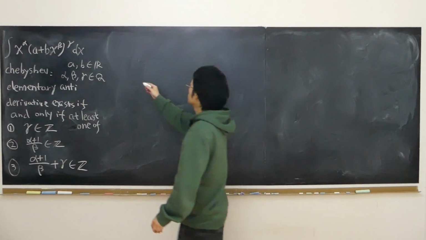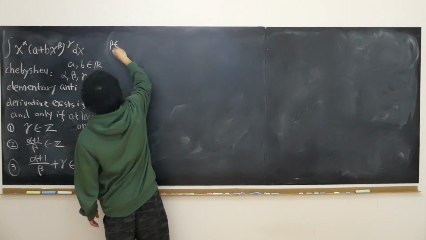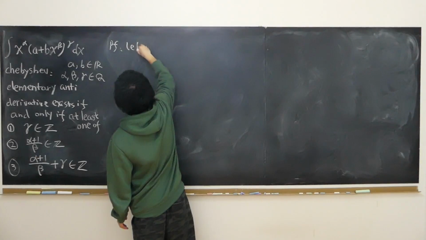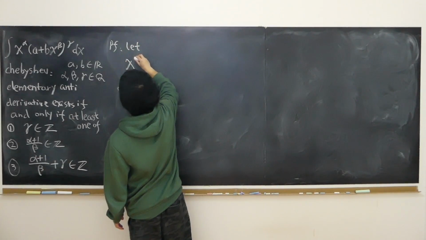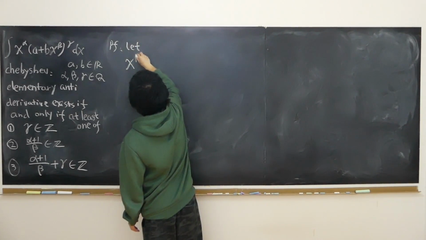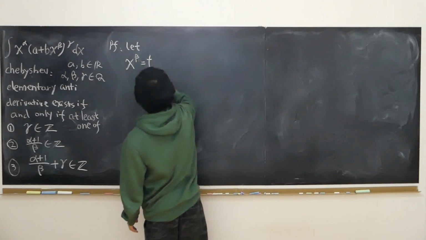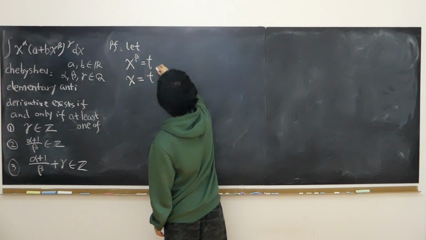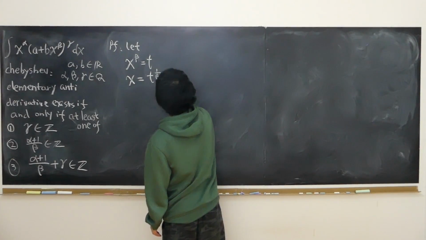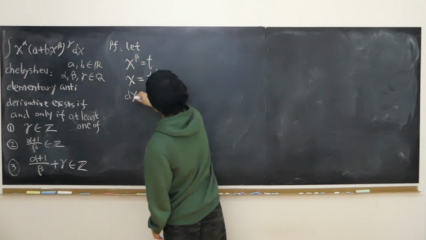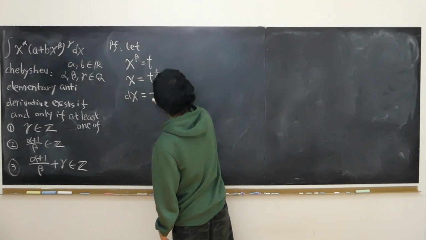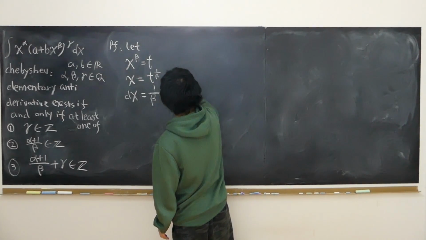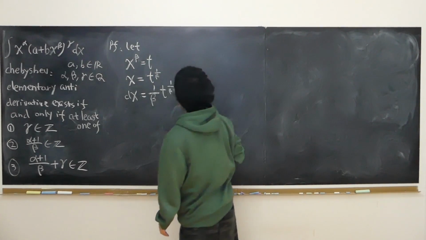Okay, so here's the proof. We're going to let x to the beta equal t, and then x is equal to t to the 1 over beta, and then dx is equal to 1 over beta t to the 1 over beta minus 1.